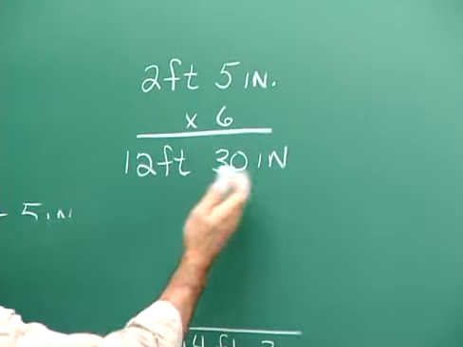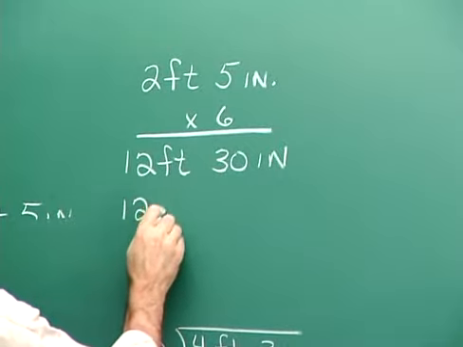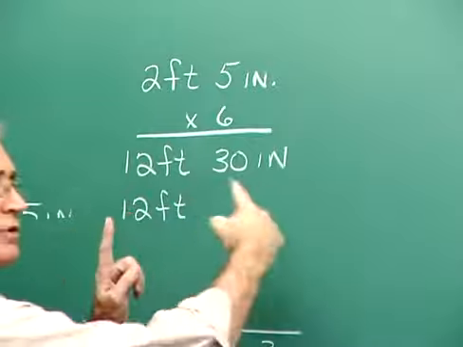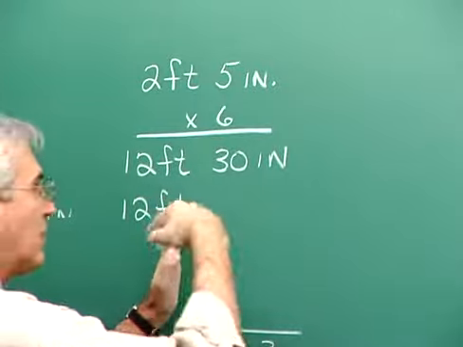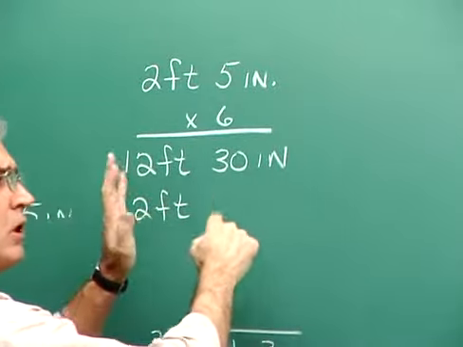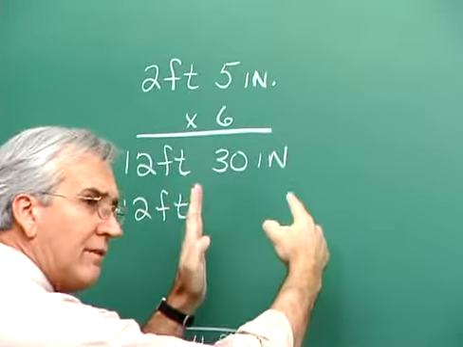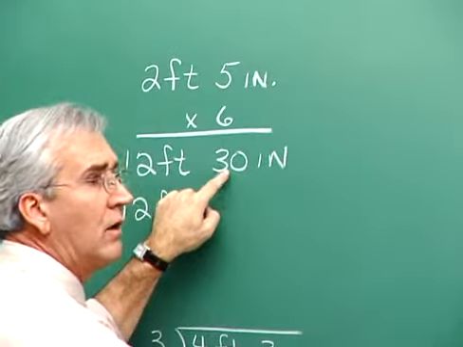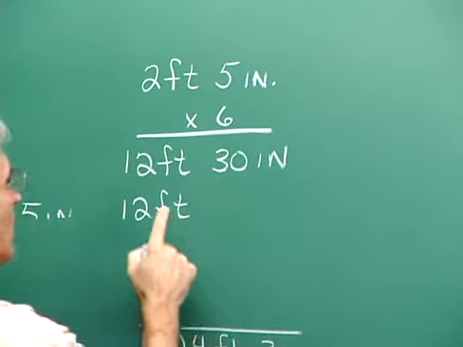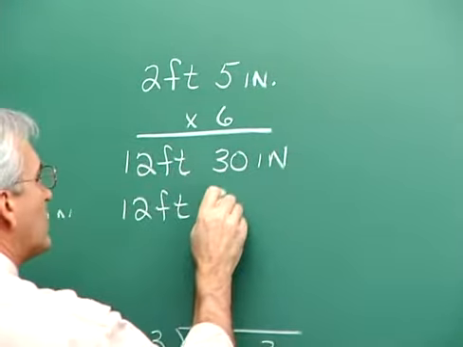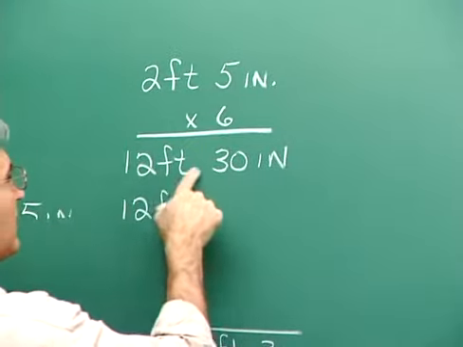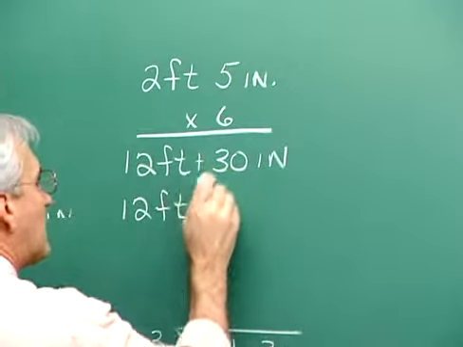Now, you might easily be able to see that multiples of 12 inches will give us feet. And 24 is a multiple of 12, and it's within 30. So we could think of 30 inches as 24, let me put a plus sign in here. See, this is really 12 feet and 30 inches. Just think of it like that.